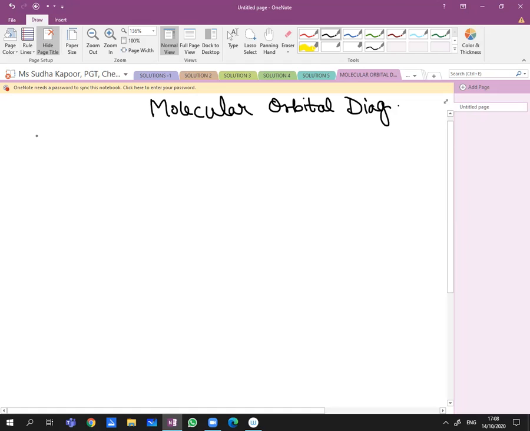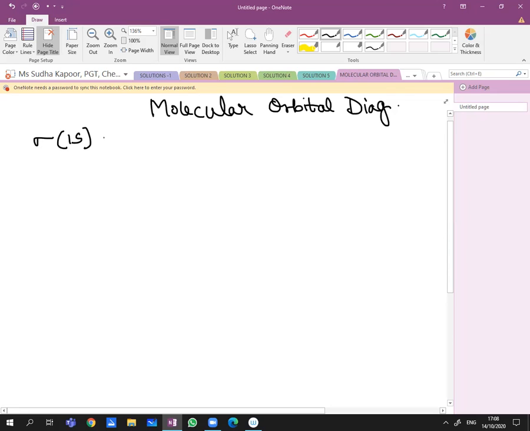Starting with this, first we must know how to write the electronic configuration in case of a molecule. Since the molecule is formed by bonding, we start with which type of bond is there. So, starting with sigma 1s: the 1s orbitals form an s-s overlap, which forms the sigma bond.